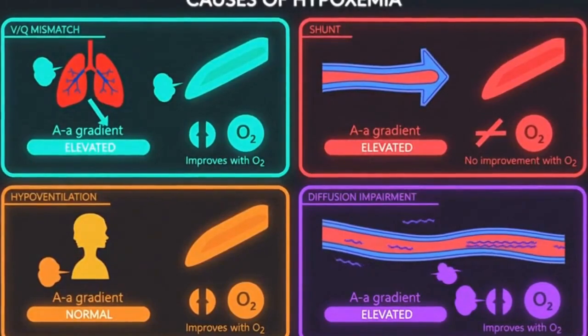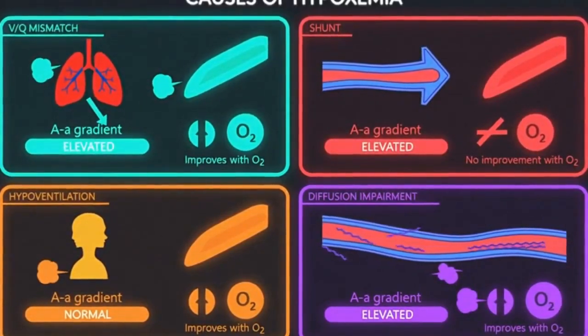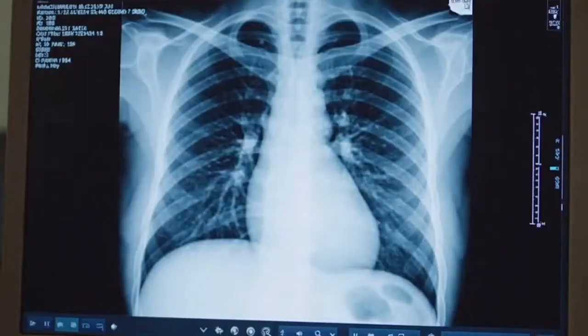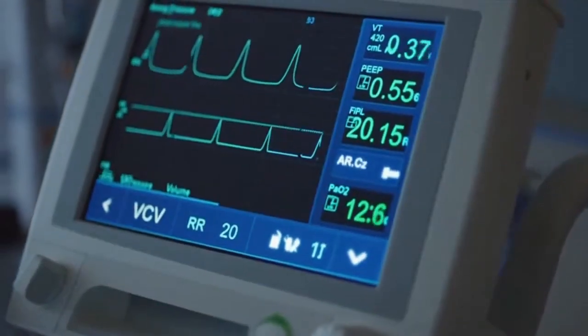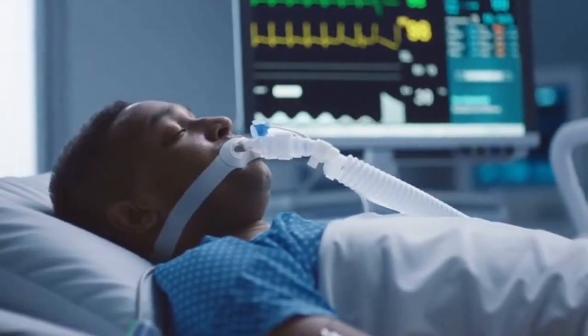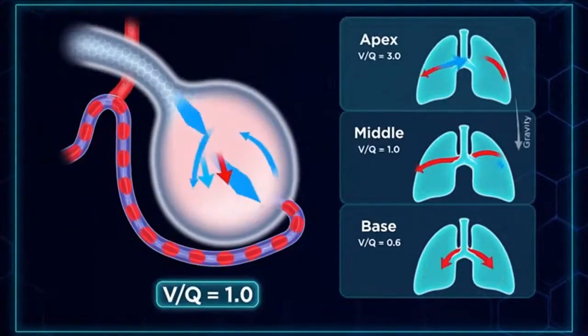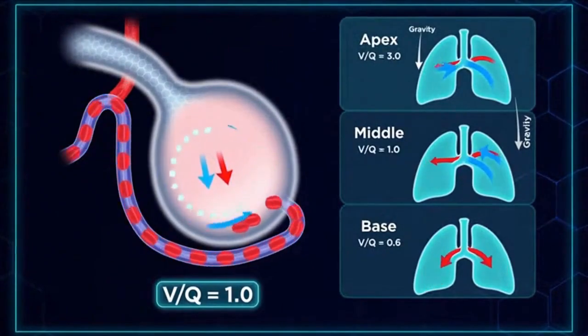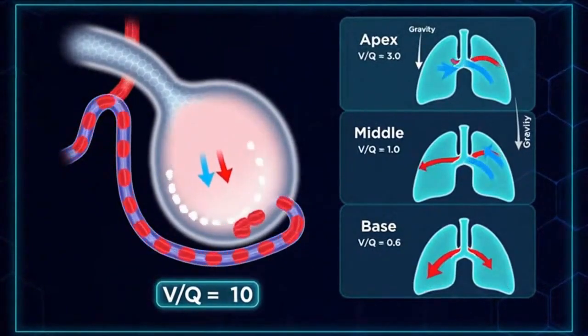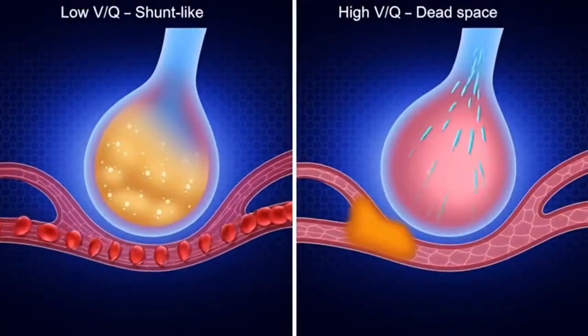On room air, PAO2 equals 0.21 times 713 minus PaCO2 divided by 0.8. The normal AA gradient is less than 10 to 15 millimeters mercury in young adults, increasing with age, roughly age divided by 4 plus 4.